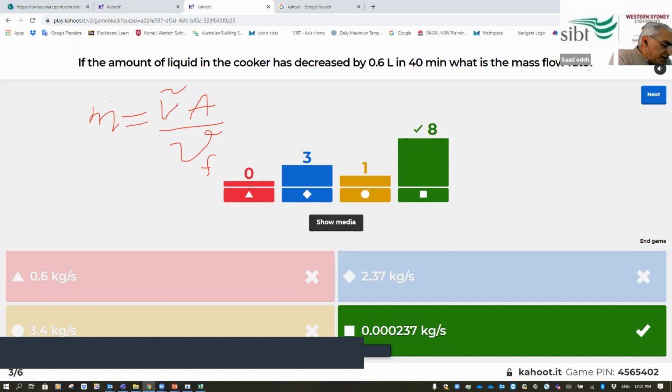You simply divide the volume by the time, and you get the volume flow rate. Then from the previous answer you have VF, so you can get the mass flow rate.